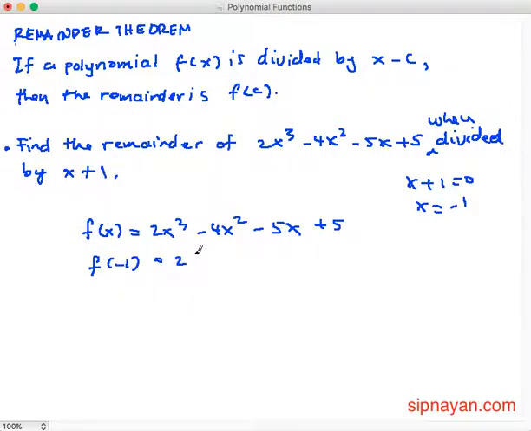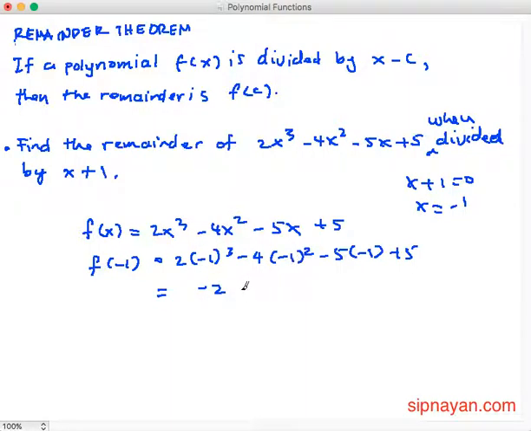So, f of negative 1 is equal to 2 times negative 1 cubed minus 4 times negative 1 squared minus 5 times negative 1 plus 5. Okay? So, this is equal to 2 times negative 1 cubed is negative 2.